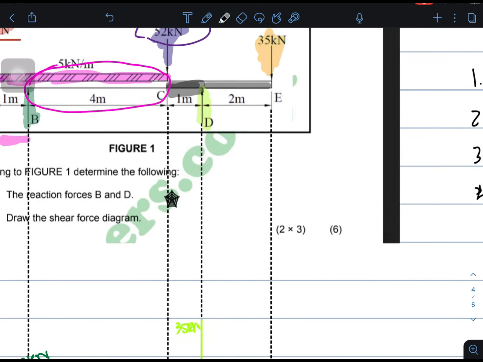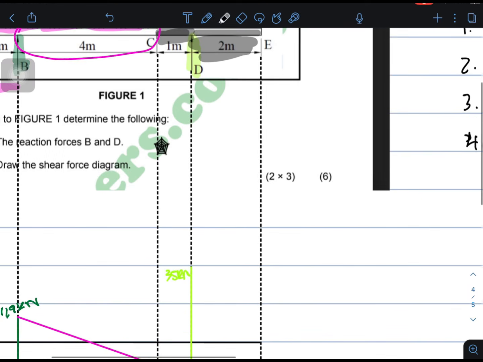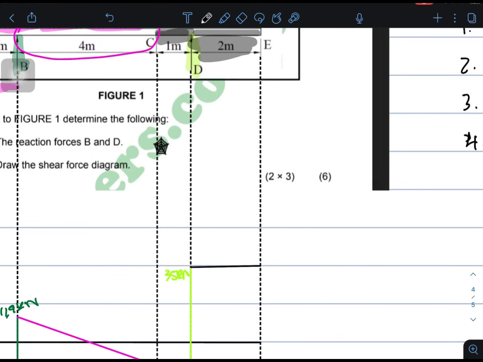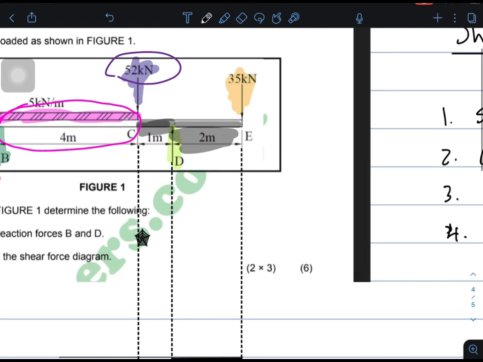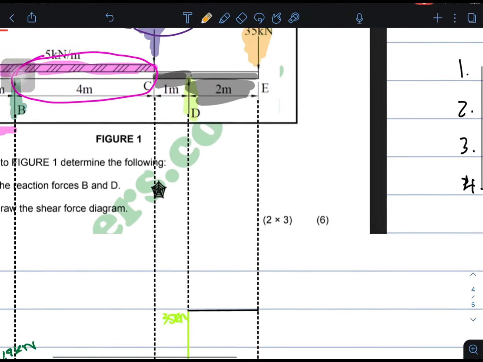Then let me look at this portion. This portion is 2 meters, and there is no force acting along this portion of the beam, so I'm going to use a horizontal line. Then we have a downward force of 35, which I said I'm going to use the orange color.